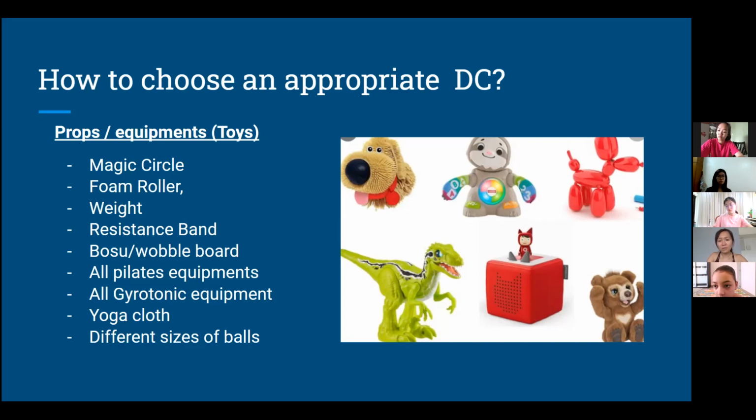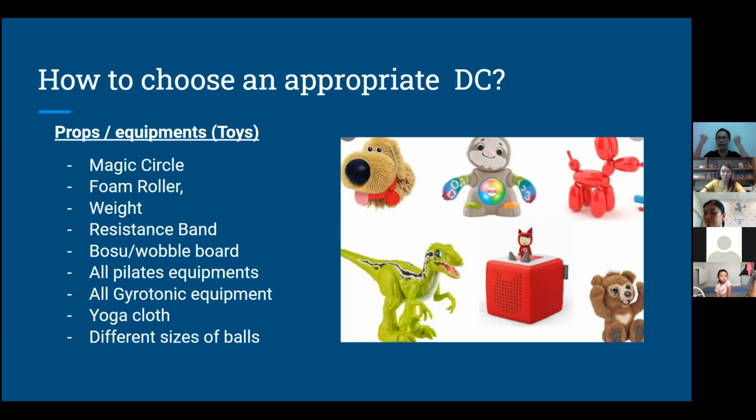So the foam roller is the one that I already mentioned. And then the weight is the dumbbell, right? 1 pound, 2 pounds, 3 pounds, depends on how you use it and how much strength you have. Then resistance band, the stretchy band, the Bosu or the wobble board, which is quite similar equipment.